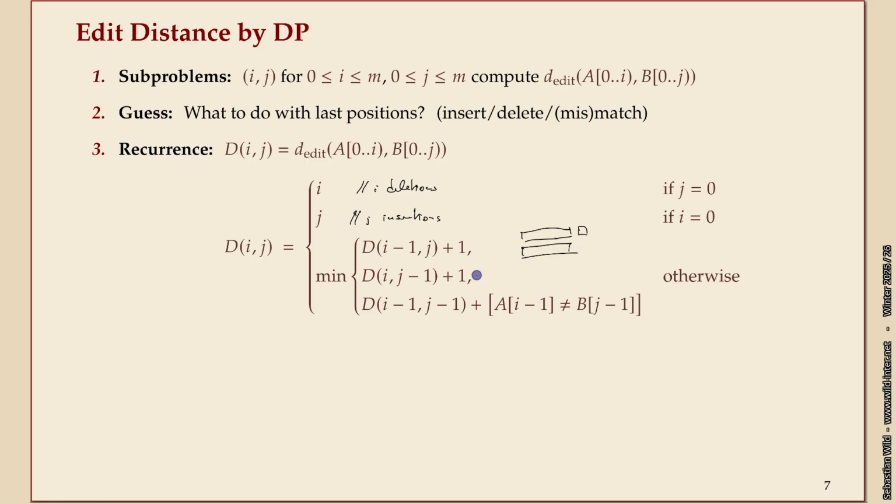In this case, I'm inserting one in the second string. That's why this is +1. This is for a deletion. This +1 is for an insertion. And the third case is I'm taking the last character of both strings, and then I get a cost of 1 if and only if they're different. So here again, this notation, I know it as the Iverson bracket. That's what Don Knuth calls it. It's 1 if the condition is true and 0 otherwise.